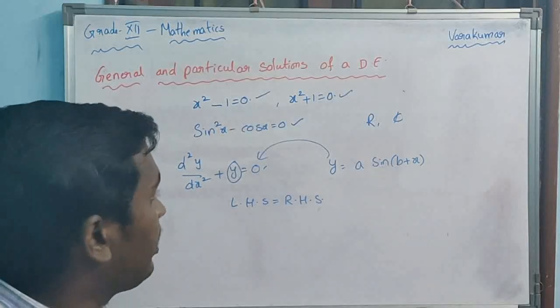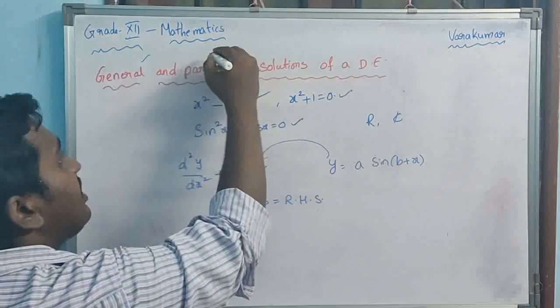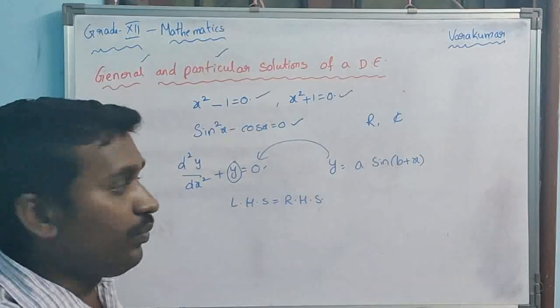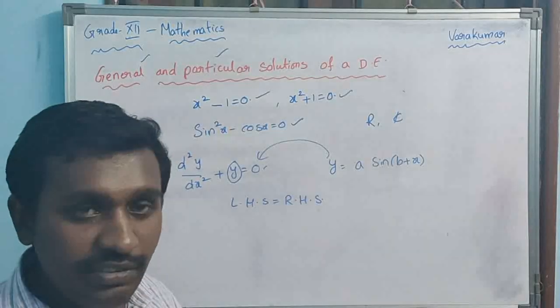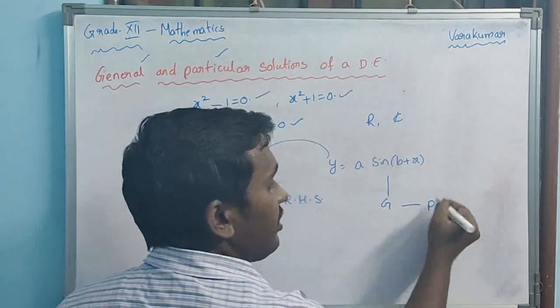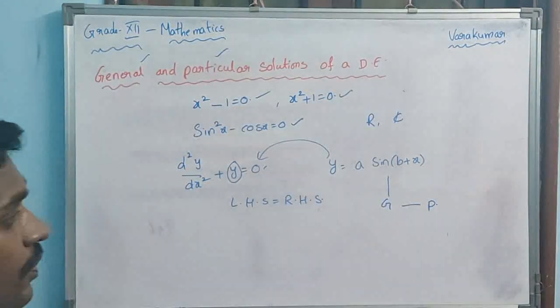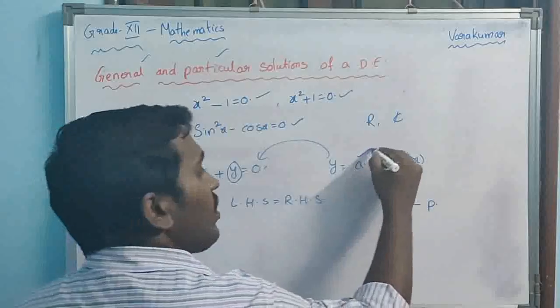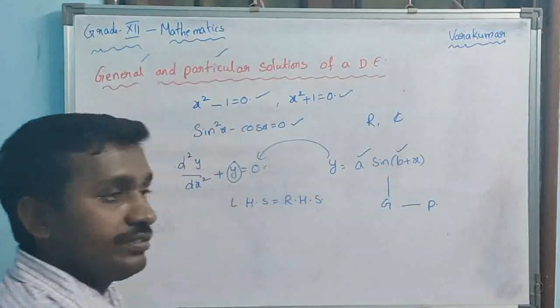Now our topic is what are general and particular solutions. We have understood the meaning of solutions, and from here we will go for general and particular. Here A and B are called arbitrary constants.